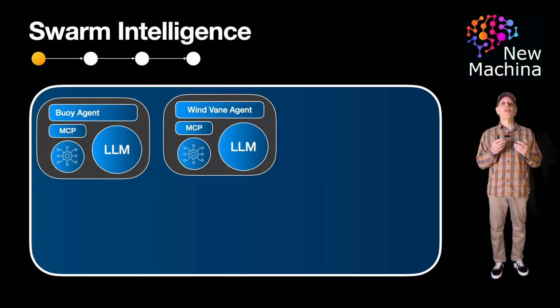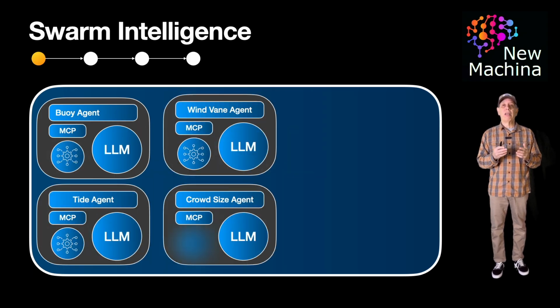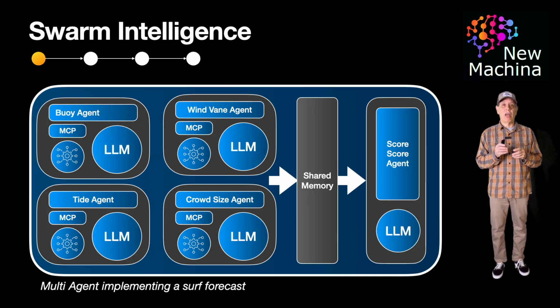Now, consider a use case that's a little more complicated that requires a multi-agent design. Imagine a surf forecast system producing an hourly surf report using decentralized agents, local rules, and emergent consensus. The goal of this multi-agent system is to produce a trustworthy, spot-specific surf report that would include wave heights, wave period, wind, tide, crowd, and confidence scores.